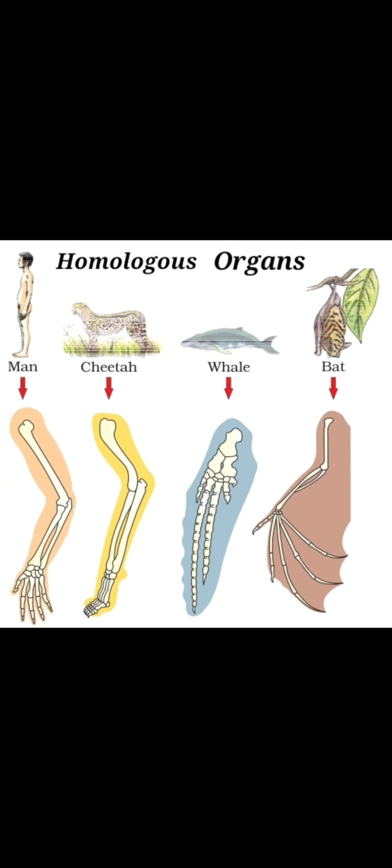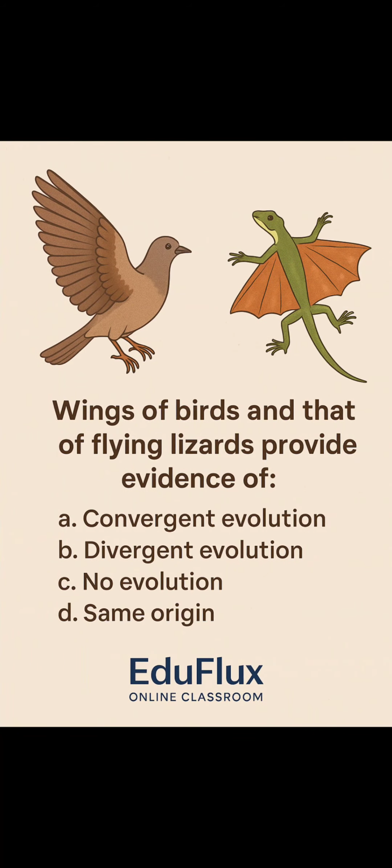These are the analogous organs. So analogous means their origin is what? Their ancestors are different, but their functions are same. And for homologous, their functions are different, but their origin is same. So this is the difference between the homologous and analogous. Now I'm moving towards the convergent and divergent.